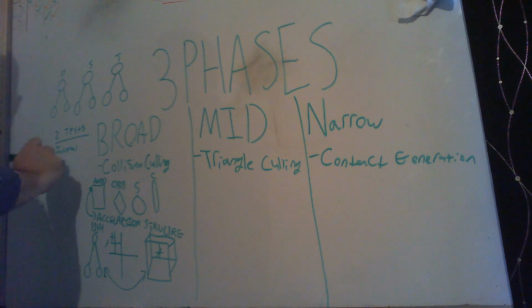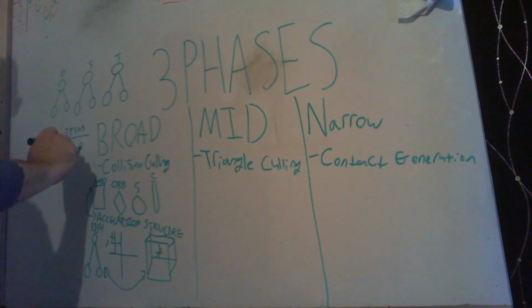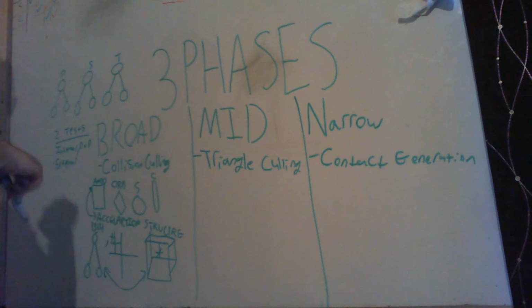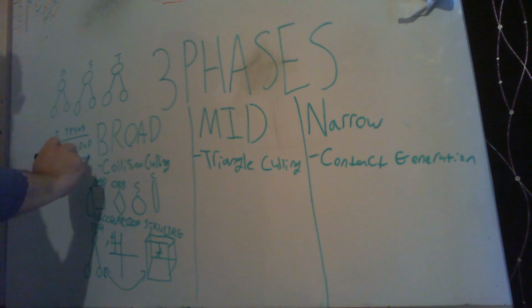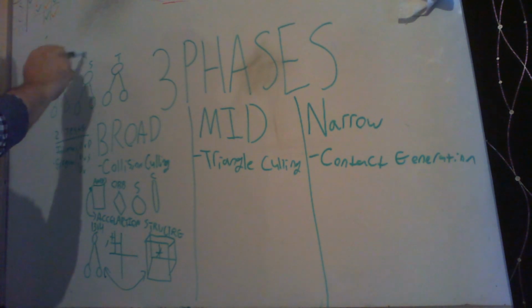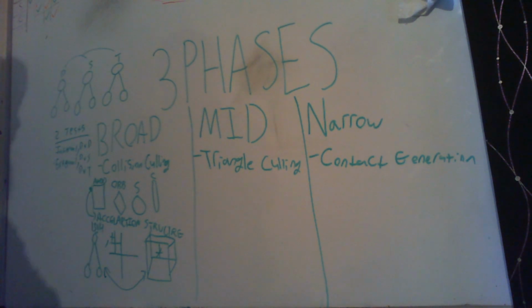The internal only needs to be run against the inner volumes of the dynamic tree, where the external needs to be run against the roots of the dynamic tree against the static and the terrain tree.